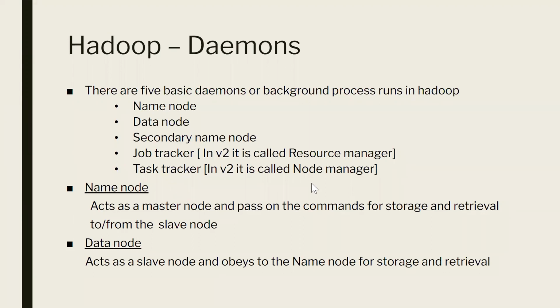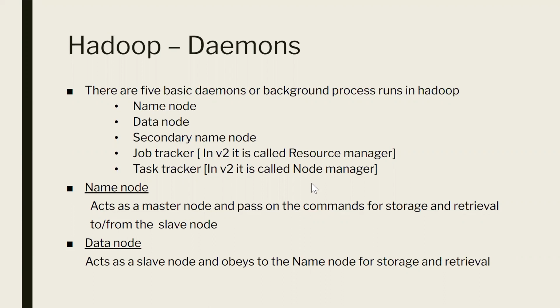Let's talk about YARN to be precise. YARN, yet another resource negotiator, would do the resource negotiation as well as assignment of the task, retrieving of the result, and managing the metadata. Like where does what exist on which node, and what is the result of that. All of those things.